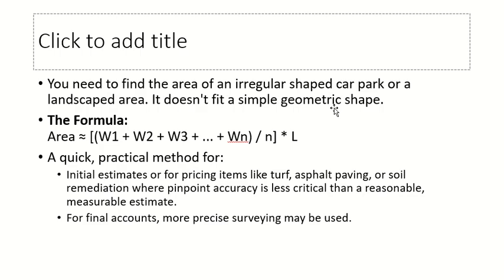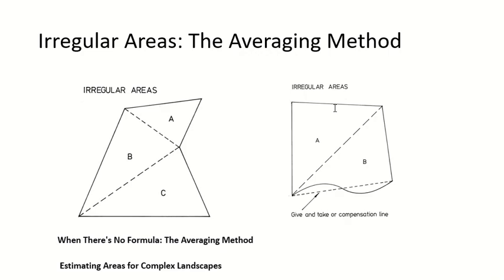The length is not a straight line, it's going up and down, so for each part we take the width and at the end we do the average.